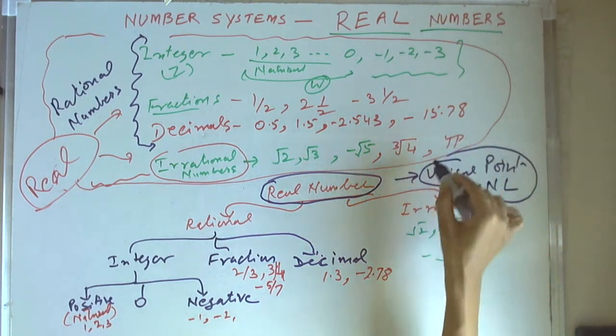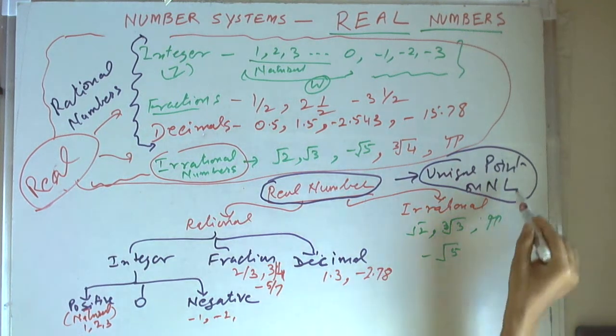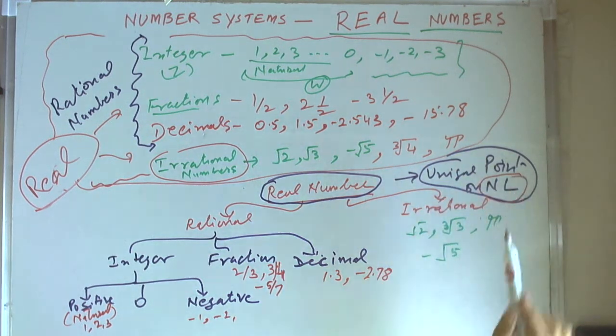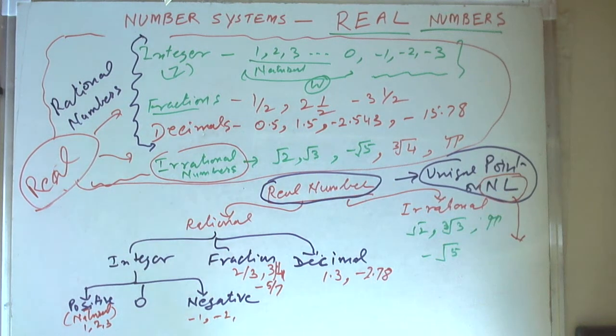Whereas if they cannot be represented as a unique point on the number line, then such a number will not be a real number.